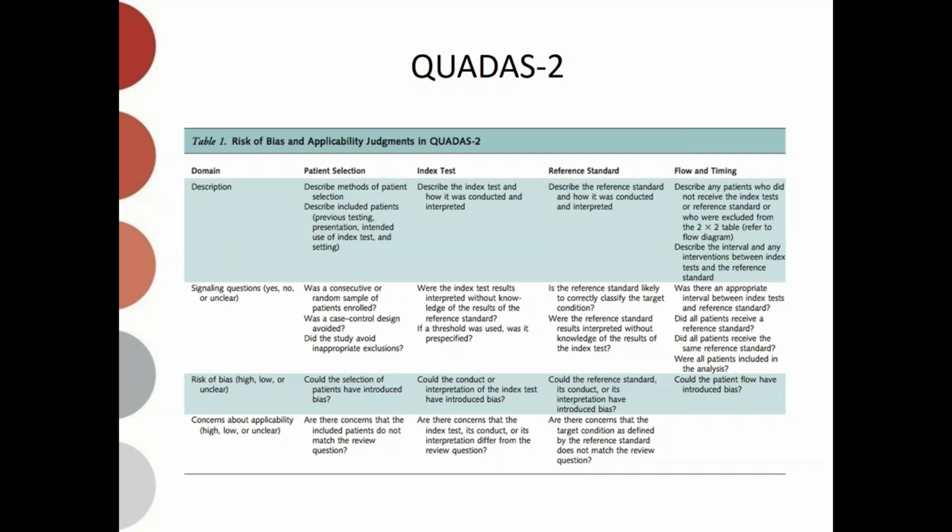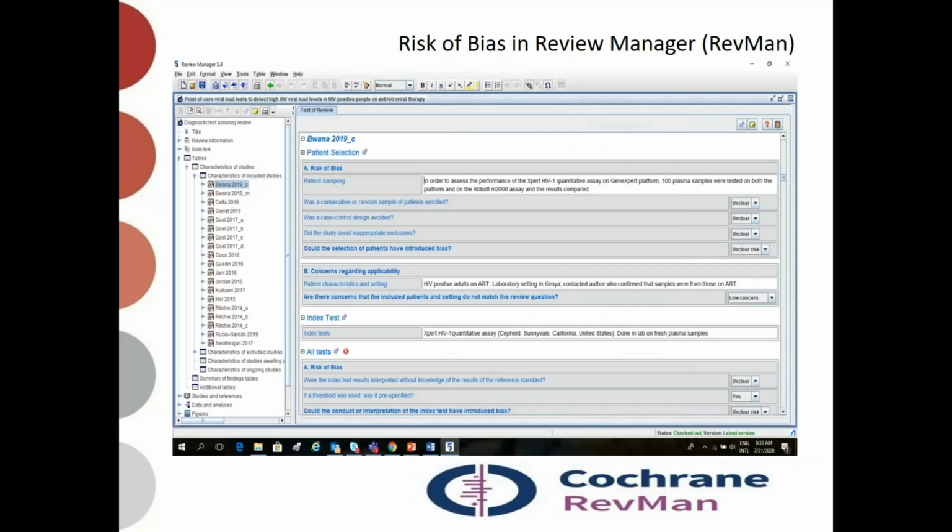Once you have extracted your data for risk of bias, Review Manager allows you to key in all this data into the system. Now, for those who are not familiar with Review Manager, it's a software tool that's recommended by the Cochrane Collaboration, and it helps in writing up your review and presenting findings. So once you've extracted your findings, you just key them into Review Manager.